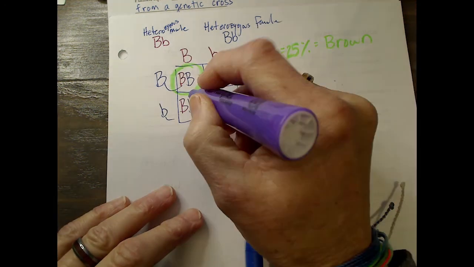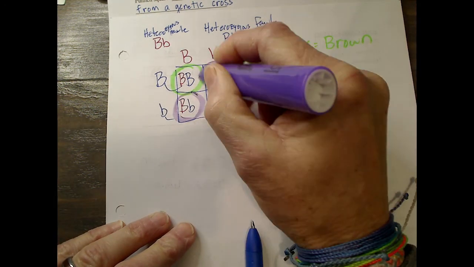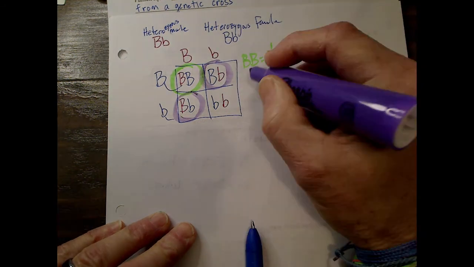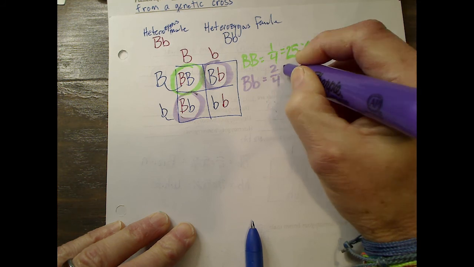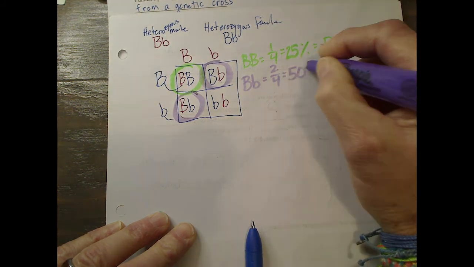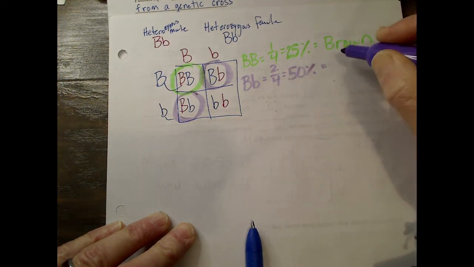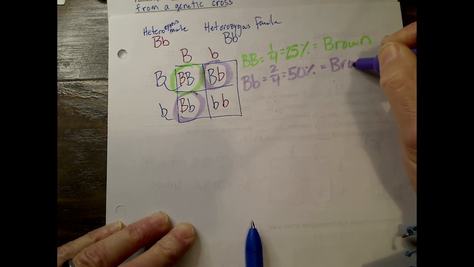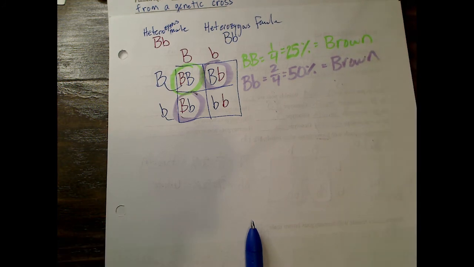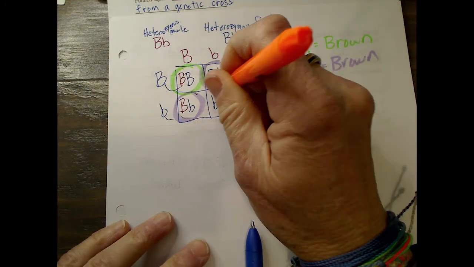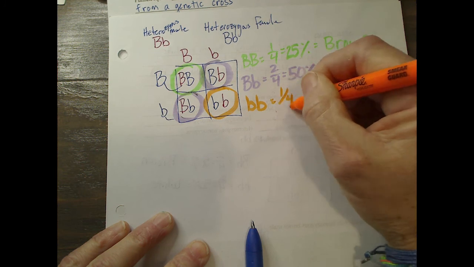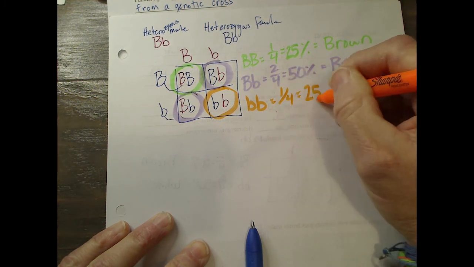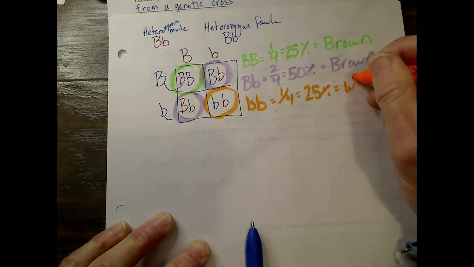All right, we got 2 big B, little b's. So my big B, little b, I got 2 out of 4, which is 50%. And those are also going to be brown. And last but not least, we have this beautiful little b, little b. I just got 1 out of 4 there for 25%, and that is going to be our white one.